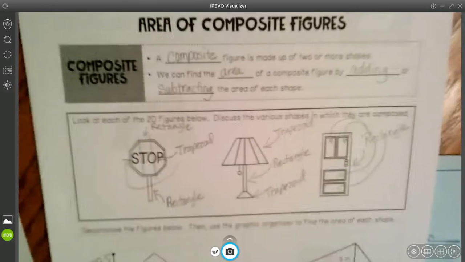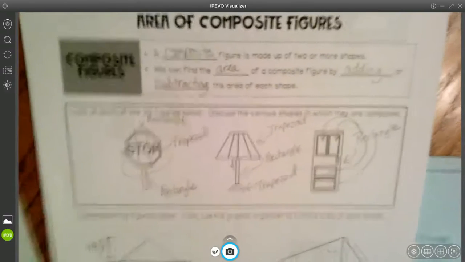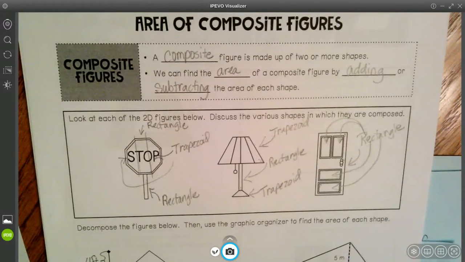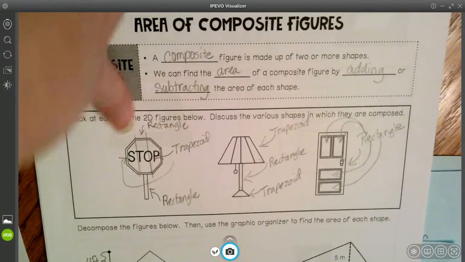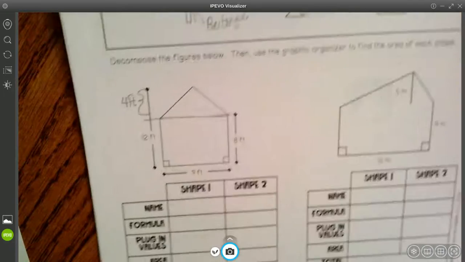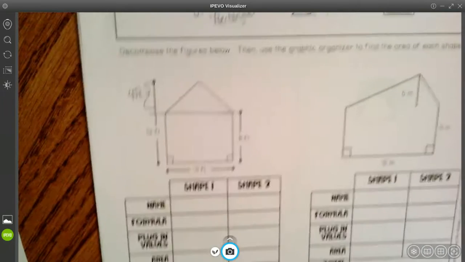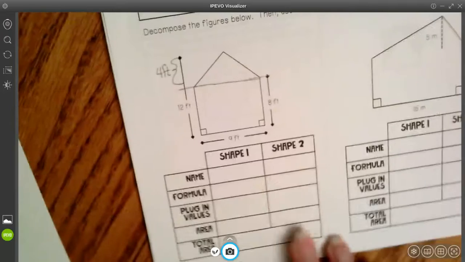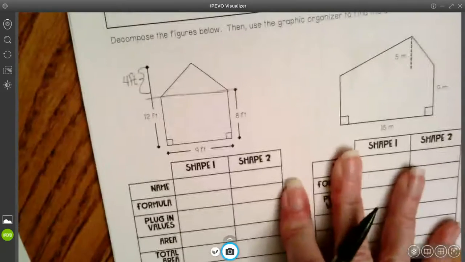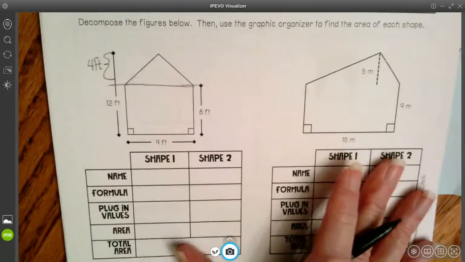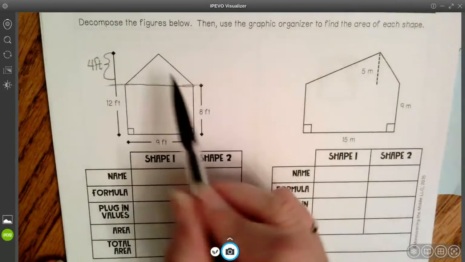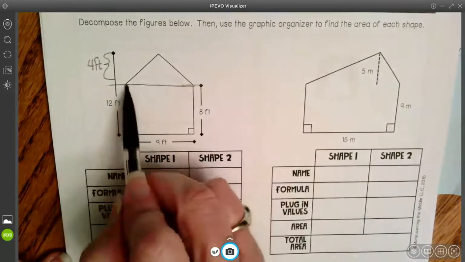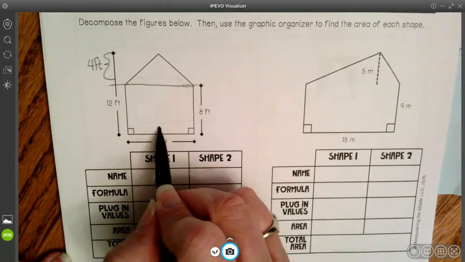Okay, let me try to focus a little better, see if that'll work. Okay, so let's take a look at using those areas, those figures, and use an area to try to find the area of these. Okay, so when we look at this right here, we can break it apart into a triangle here and a rectangle here.